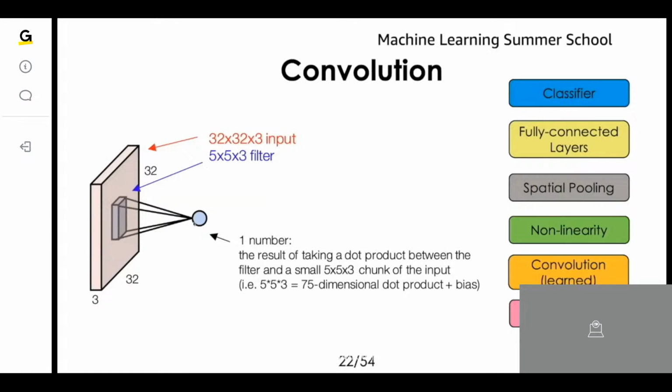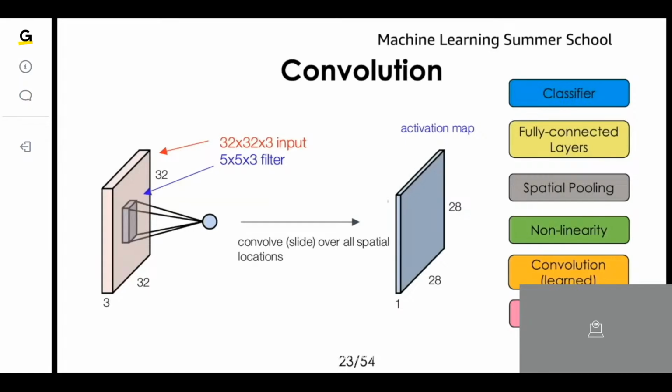This output will form a part of your output activation map. Okay? So you take the filter, slide it all over the image step by step, and each dot product output that you get is placed in the activation map, and this is your output of the convolution.